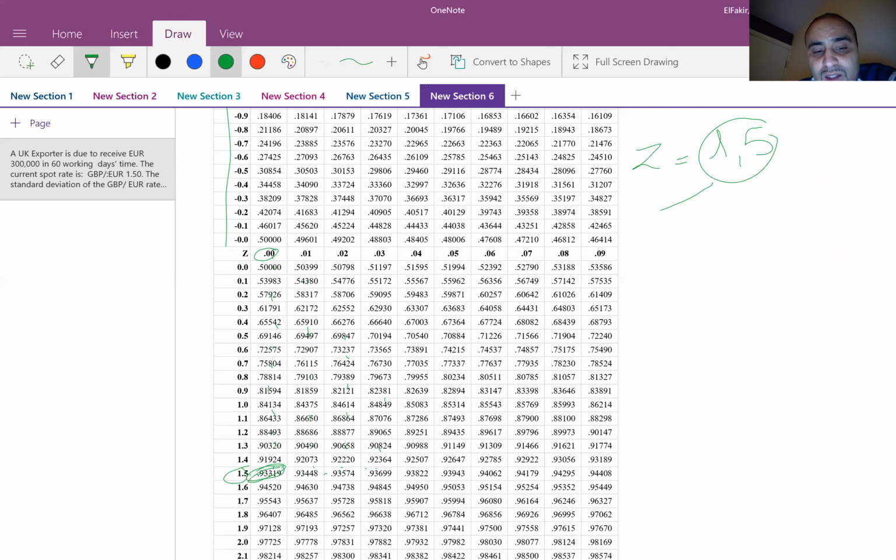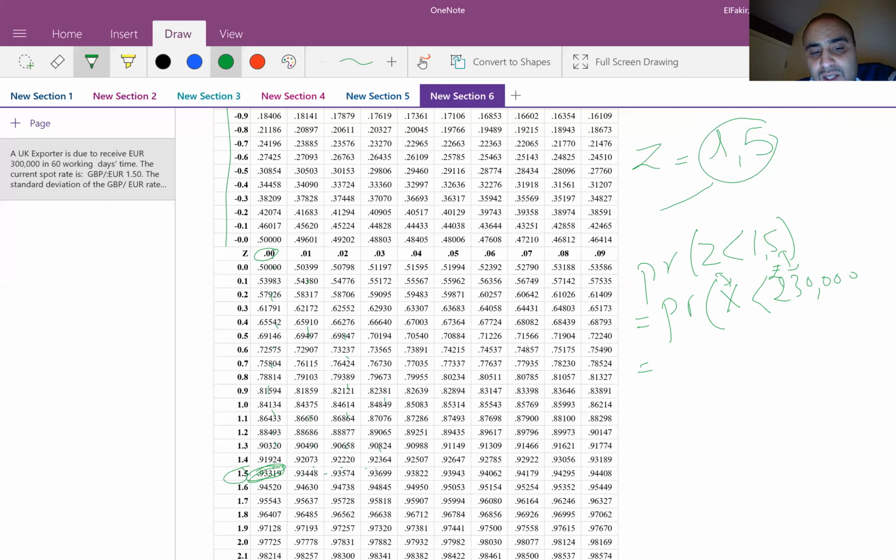So this is really the probability of Z being less than 1.5, which is also equivalent to the probability of my observation, which is X, being less than 230,000. So X is equivalent to Z, and 1.5 is equivalent to 230,000.